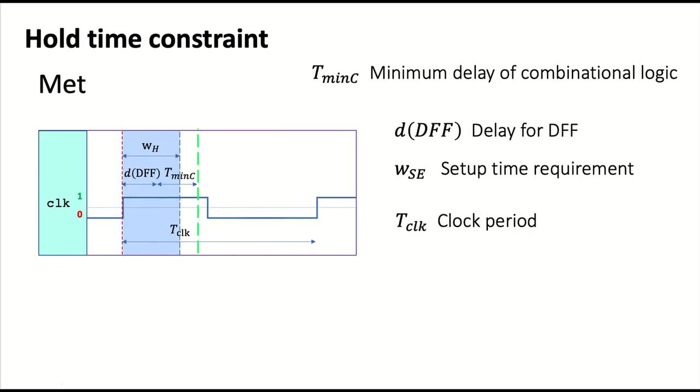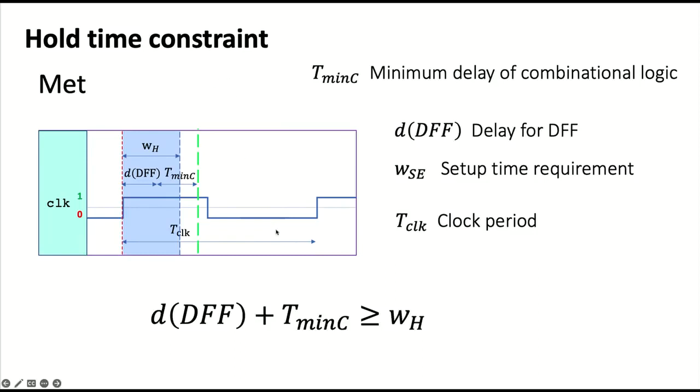Okay, so there are 3 components that we worry about here. The delay of the flip-flop, now it's the fastest path through the combinational logic that is the problem, not the longest path.